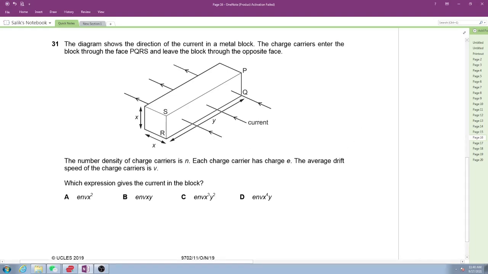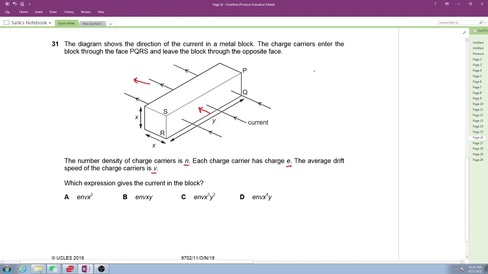The number density of the charge carriers is N, each carrier has a charge E, and the average drift speed of the charge carriers is V. Which expression gives the current in the block? So we are going to find the current.